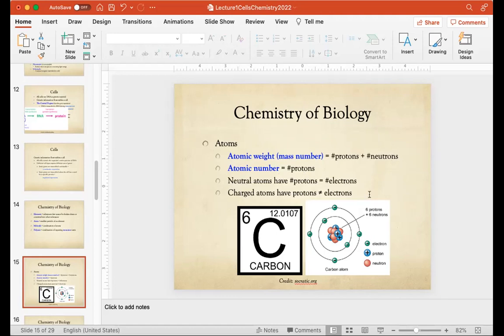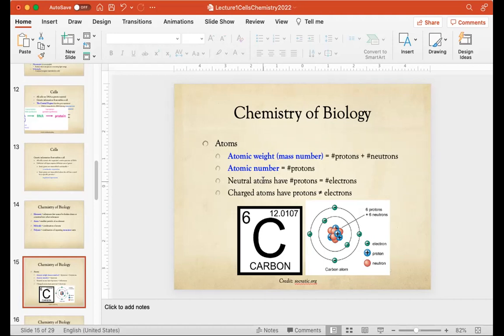Remember, every atom has an atomic nucleus where the protons and the neutrons are. And then it is surrounded by a cloud of electrons. If it's a neutral atom, if it doesn't have a charge on it, the number of protons and the number of electrons is going to be the same.